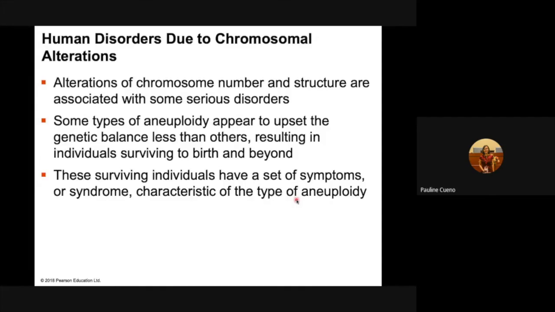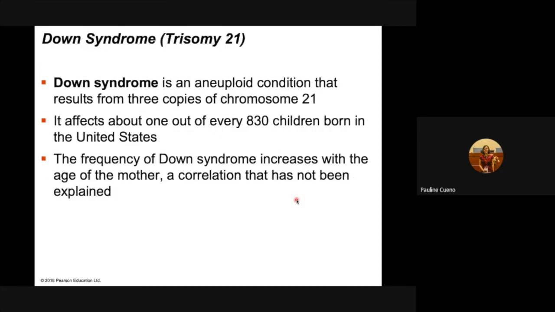So in humans, most of the time, ang cases ng humans would be aneuploidy. It's either monosomy or trisomy. So one example is the Down syndrome or trisomy 21. So discuss ko lang kanina, pag trisomy 21, there are 3 copies of the 21st chromosome.